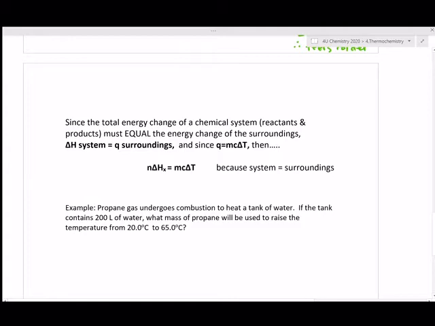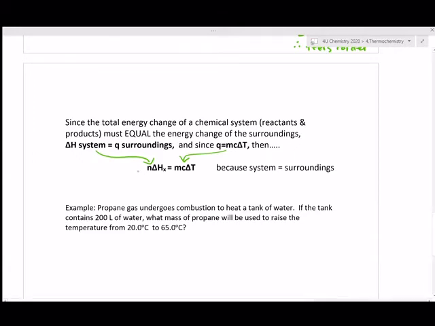So if we take our new formula for enthalpy change, which is moles times molar enthalpy, and then we take our formula that we had for heat right here and plug it in there, we can make another brand new big formula that is really just two formulas that you have now seen.